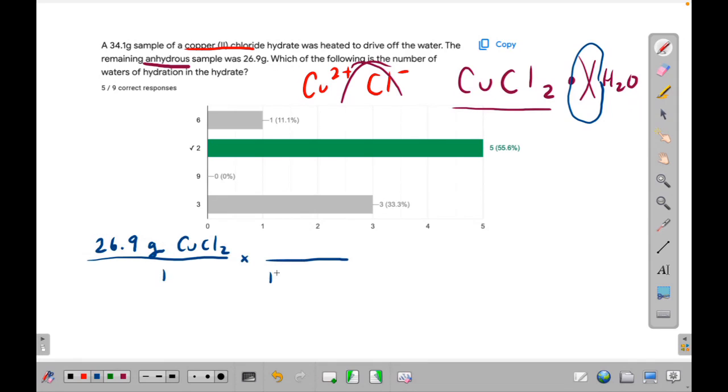I looked it up real quick. The molar mass of copper chloride is 134.45 grams per 1 mole. So when I put that in the calculator, let me do that calculation real quick. Well, actually, I forgot we're supposed to be doing these without a calculator. So let me think, how would I look at this? I guess I could say it would be about 0.2, right? This is like 27-ish. This is about 135.